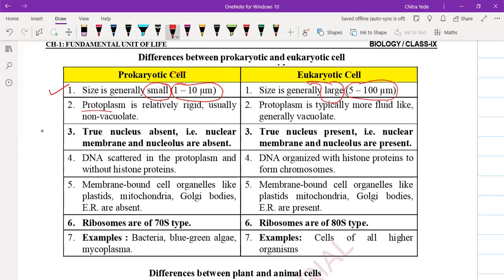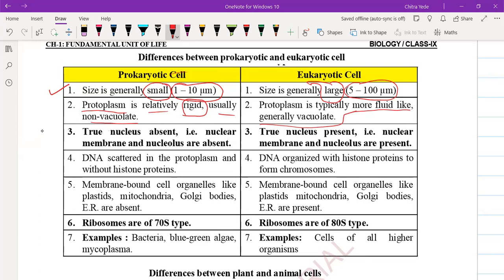Protoplasm means cytoplasm, which is relatively rigid, meaning quite hard, and usually non-vacuolated, meaning vacuoles are generally absent in prokaryotic cell. But in eukaryotic cell, protoplasm is more fluid-like, jelly-like, due to which the eukaryotic cell has flexibility, and it is generally vacuolated, meaning vacuoles are present.